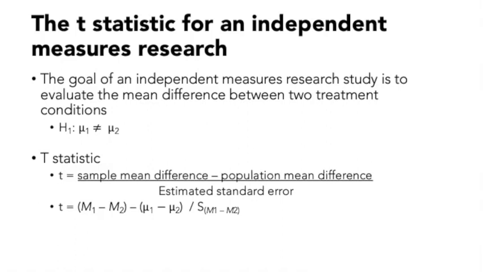Repeated measures t-test is when you have the same group measured twice, for example, before and after a treatment. That is not what we are doing here. This is us trying to understand how to compute the t-statistic if you have two separate groups. So for independent measures research, how exactly are we going to find the t-statistic?